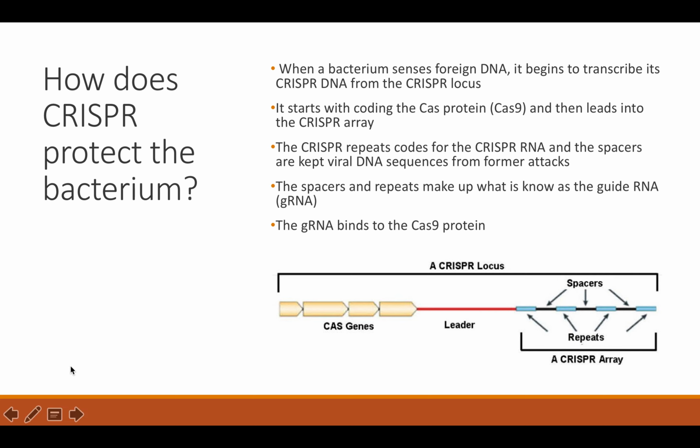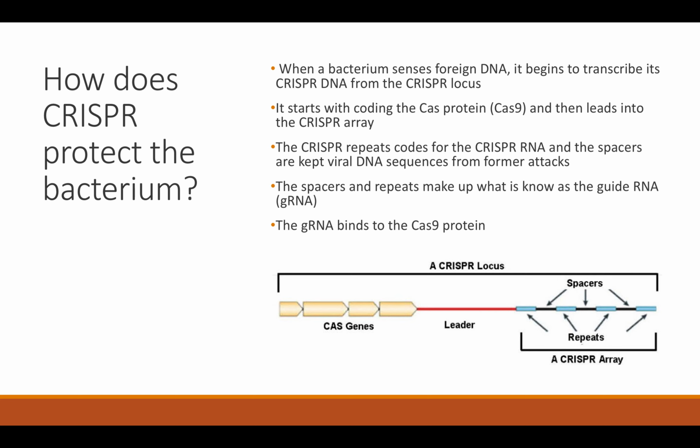So how does the CRISPR-Cas9, well, not Cas9, but how does the CRISPR protect the bacterium? When the bacterium detects foreign DNA, it will begin to transcribe its CRISPR DNA from the CRISPR locus. It starts coding the Cas protein, Cas9 in this case, that leads into the CRISPR array. The CRISPR repeats code for CRISPR RNA, and the spacers that are kept are the DNA sequences from former attacks.